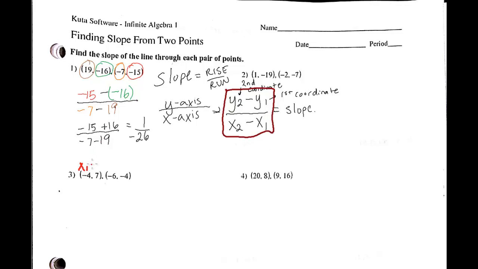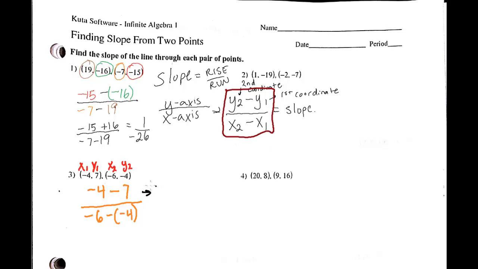Say, okay, that's x1, y1, and that's x2, y2. So y2, negative 4. I'm going to subtract y1, 7, over x2, negative 6, and I'm subtracting a negative 4.